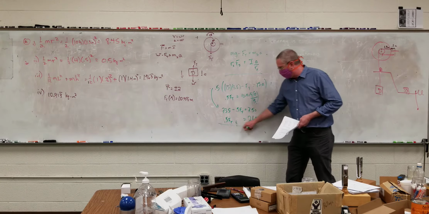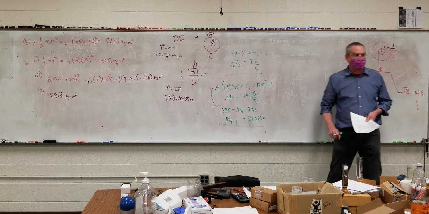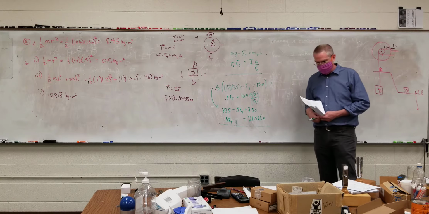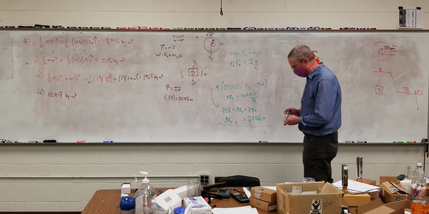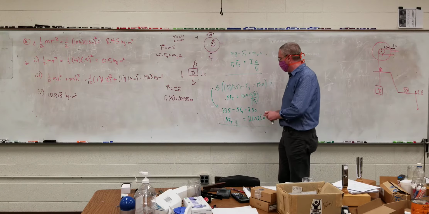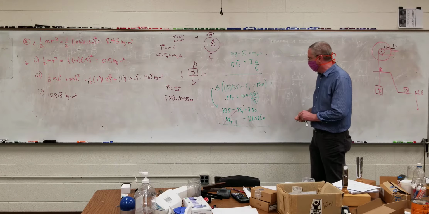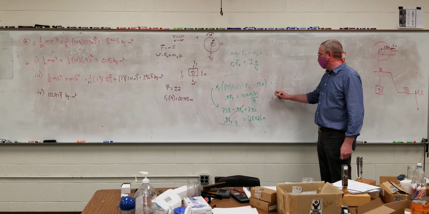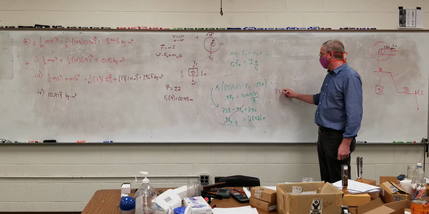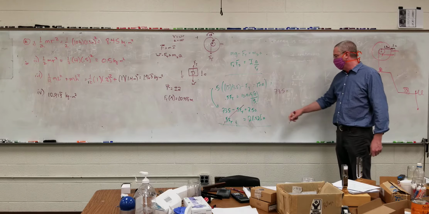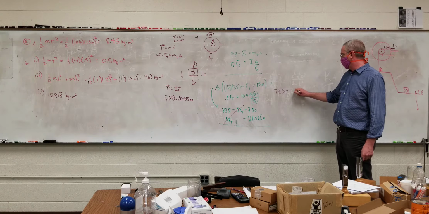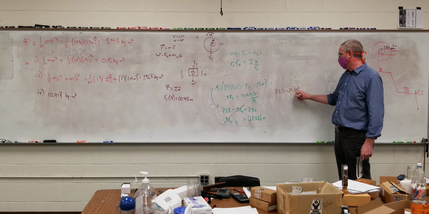Now, if I add the two equations together, the tension terms cancel out. So I'm left with 73.5 equals 29.326 repeating times the acceleration.